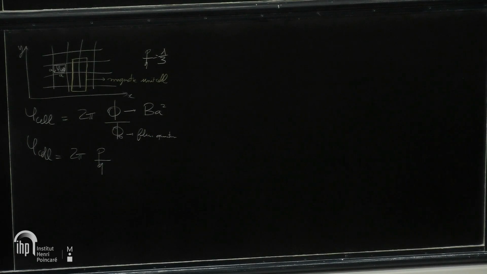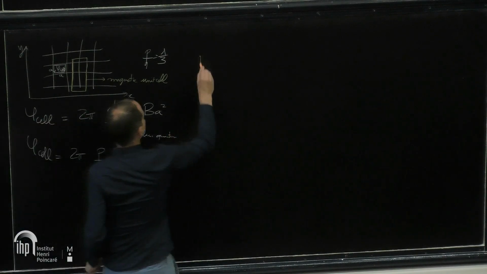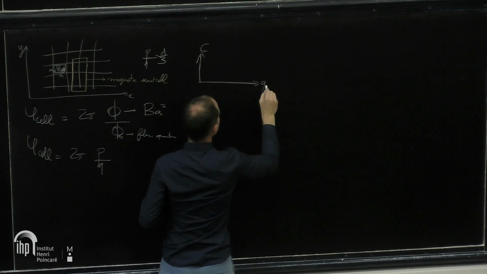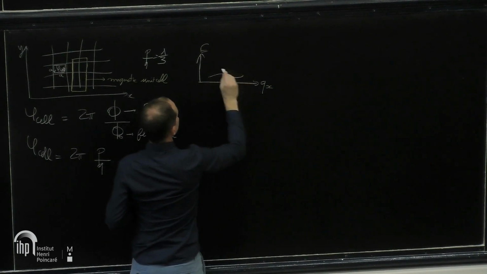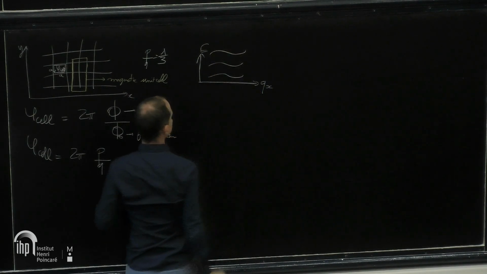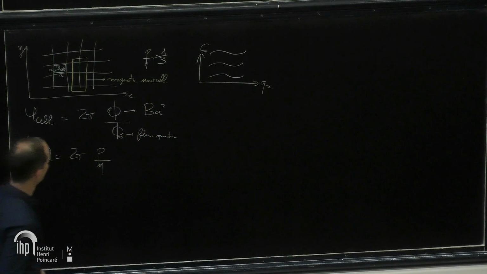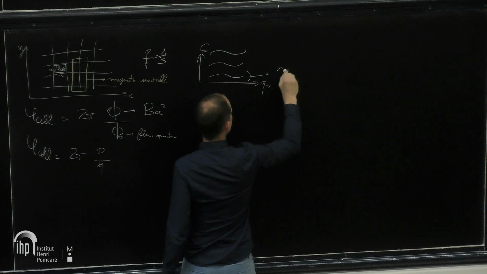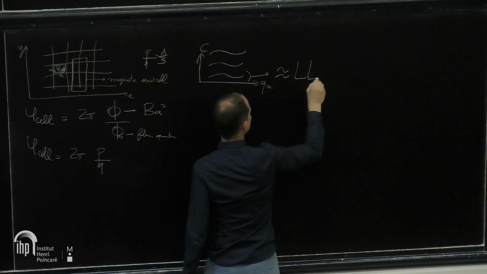So we recover a band structure, except that since this magnetic unit cell contains several sites, there will be several bands. Instead of the single band of the square lattice with real matrix element, we get several bands. If I plot E versus, say, Qx, I get on this example 3 bands that I sketch like this. The lowest band is somehow equivalent to the lowest Landau level.